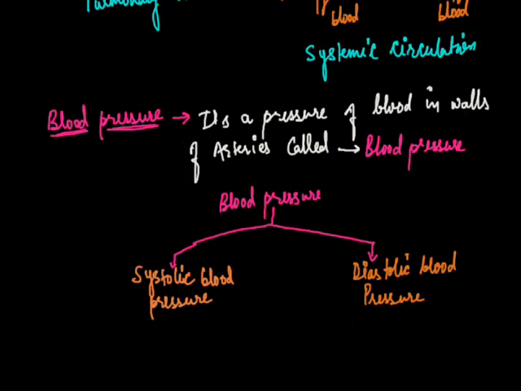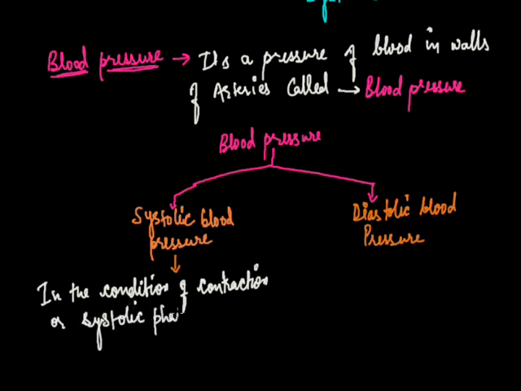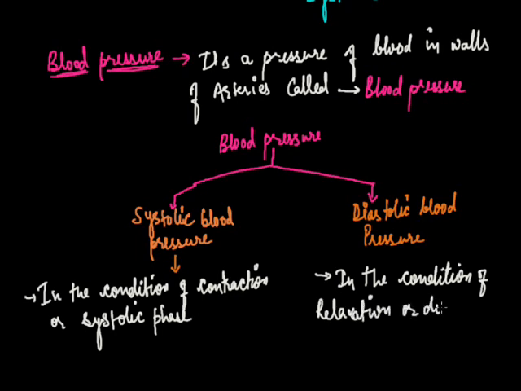In the condition of contraction, or systolic phase, it is called systolic blood pressure, and in the condition of relaxation, or diastolic phase, it is called diastolic blood pressure.